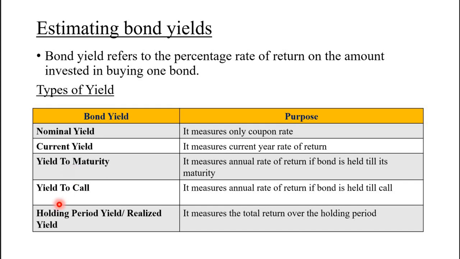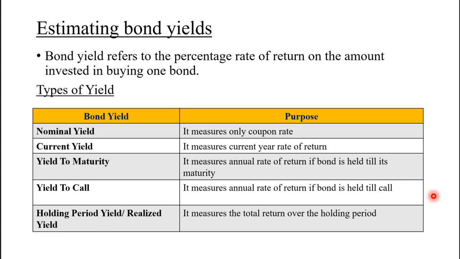Next is yield to call. What is yield to call? It measures the annual rate of return if the bond is held till the call. While studying the types of bonds, we studied call option bonds and put option bonds. What is a call? If the issuer gets back those bonds, or makes them mature before the maturity period.